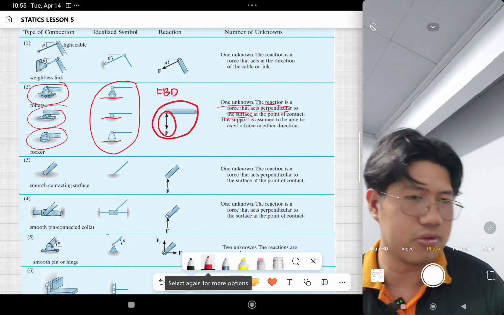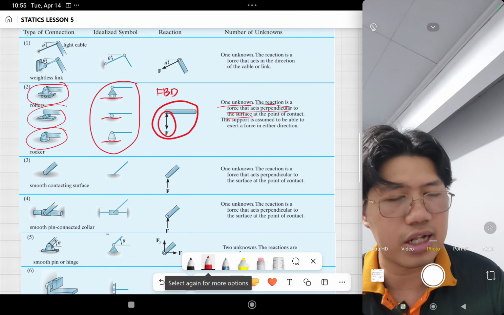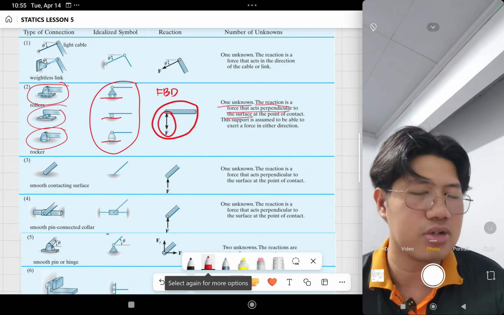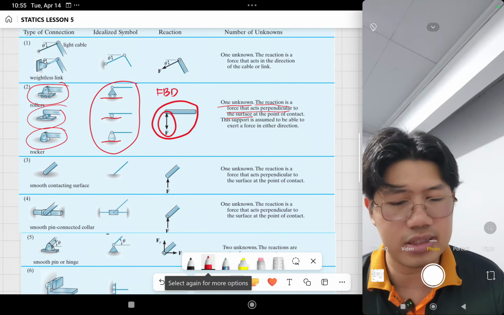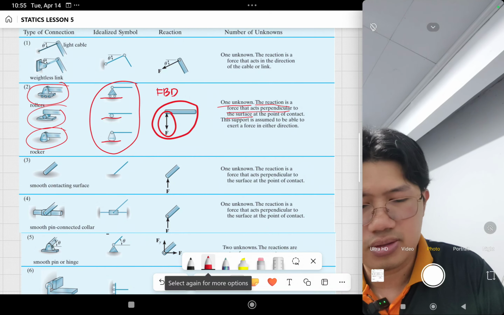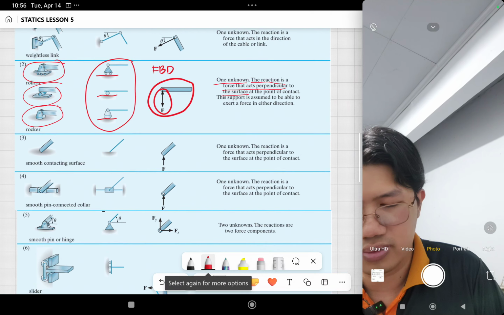If vertical yung surface, yung kanyang reaction is horizontal. If inclined yung surface, yung ating reaction is perpendicular to that inclined surface. Okay? So, this support is assumed to be able to exert a force in either direction.